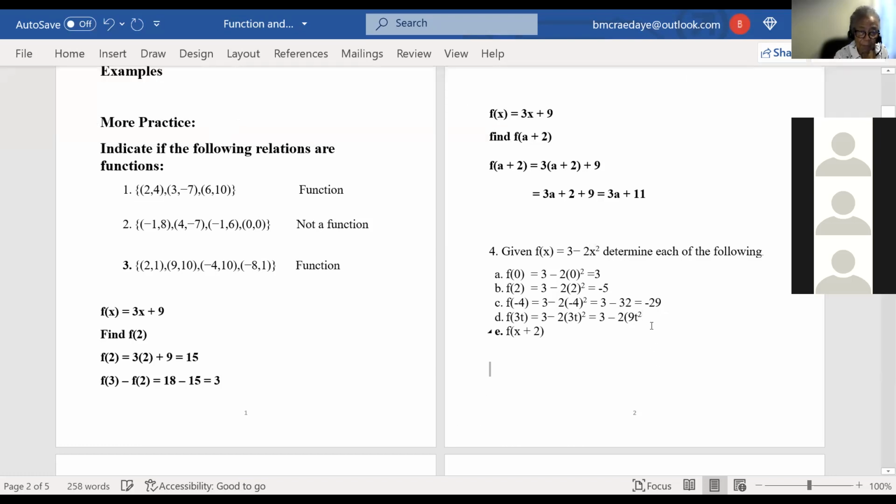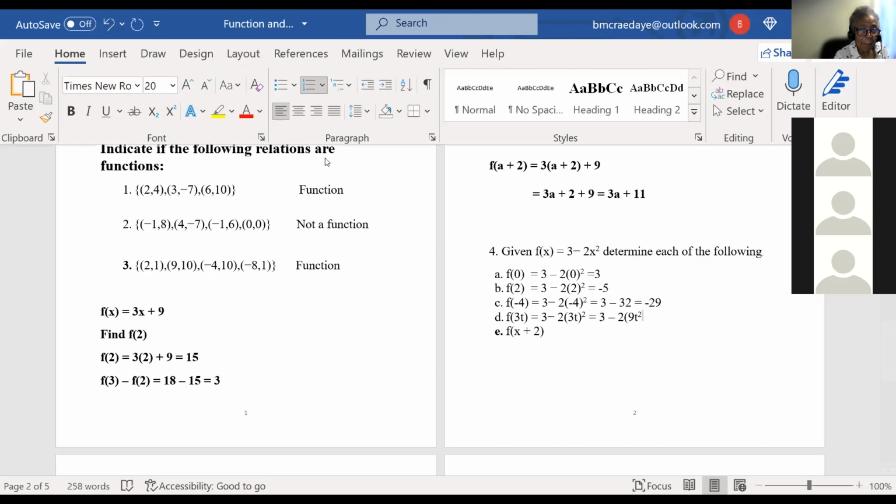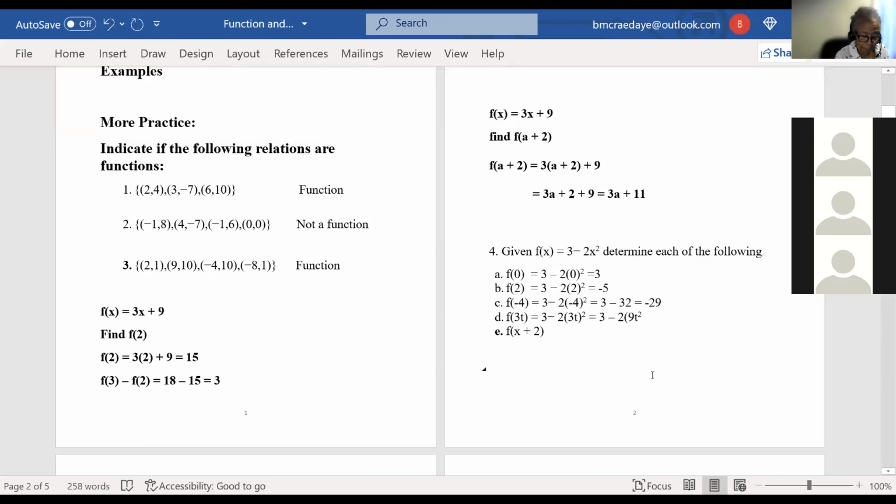Then when you multiply, you have a -2, so you multiply 9 times 2 is 18. So that would give you what, Vanessa? What would that give you? It would give you 3 minus 18 t square. 3 minus 18 t square, right? Okay.